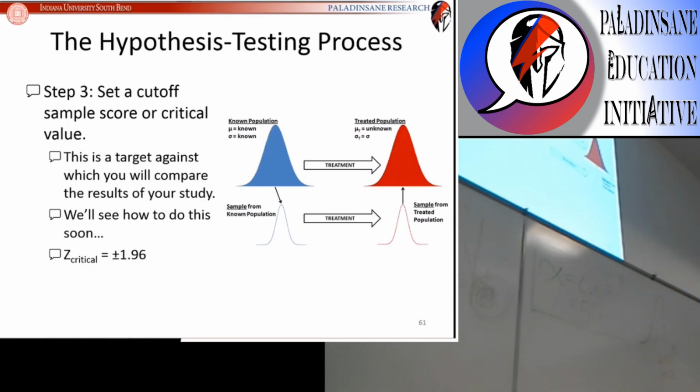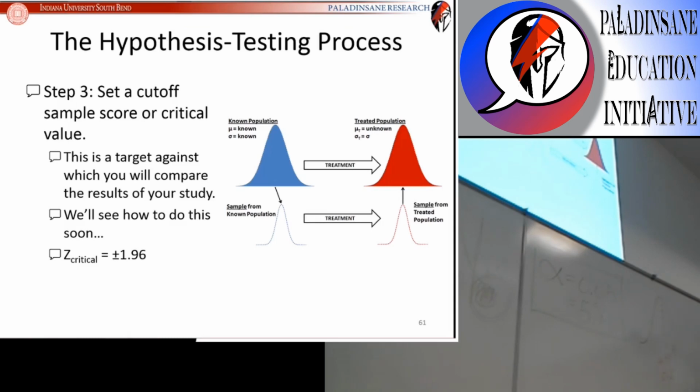And this is where we get into the Z-scores. Because if you'll notice, this comparison distribution is not Z-scores, right? It's got a mean of 40. It's got a standard deviation of 2. That's not a Z-score. So we can't work with this. We don't have an appendix where this exists, right? What we do have is we have an appendix of Z-scores.